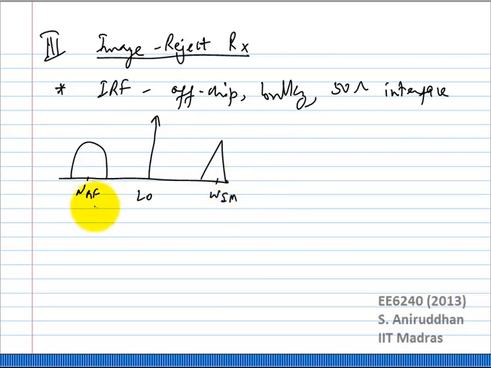So you know that if this is omega IF, this is also omega IF. So what you want to do is come up with an architecture or with a receiver which will treat the desired RF signal and the image signal differently. So it needs to process these two signals in a different manner. That is what you fundamentally want. Okay?